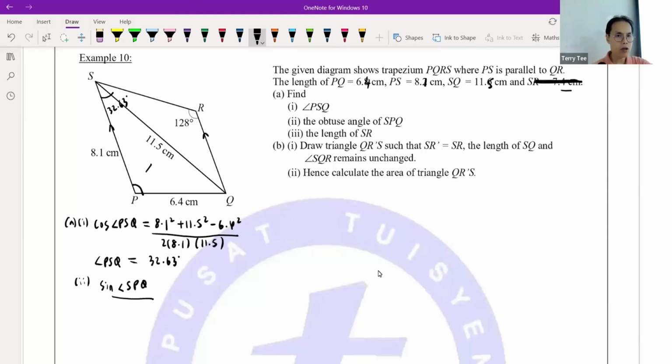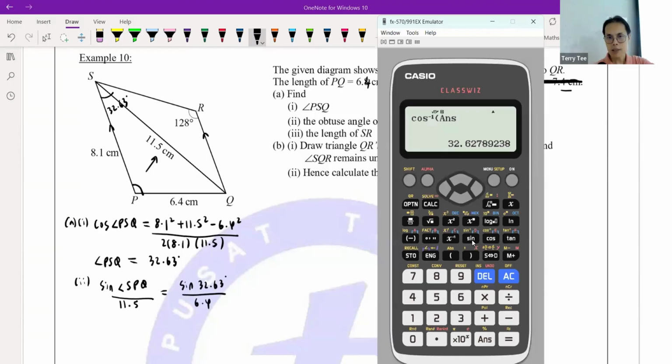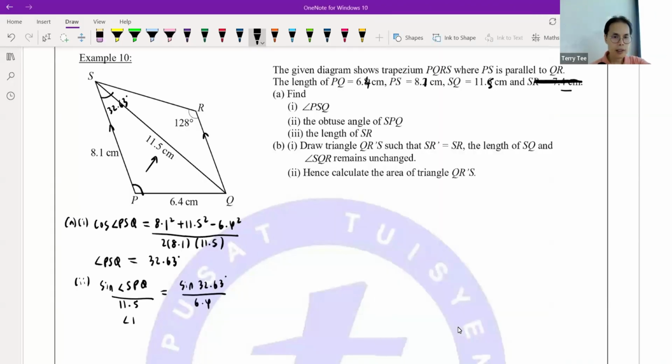SPQ divide by opposite side, 11.5 equals sine 32.63 divide 6.4. Okay, use your calculator. Sine 32.63 divide 6.4 multiply by 11.5. Whatever we get, shift sine answer equals 75.67.